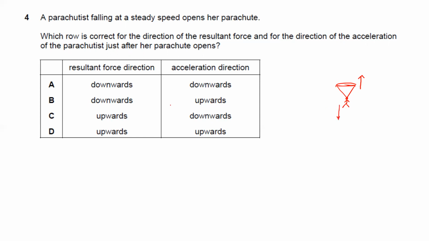So the resultant direction will be, at just the instant he opens the parachute, a resultant force acts upwards and the body is pulled upwards. So the resultant force direction is upwards, and the acceleration direction?